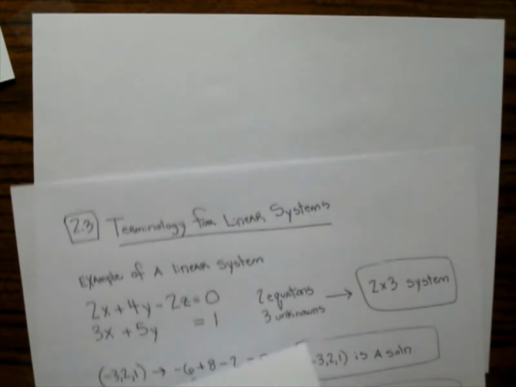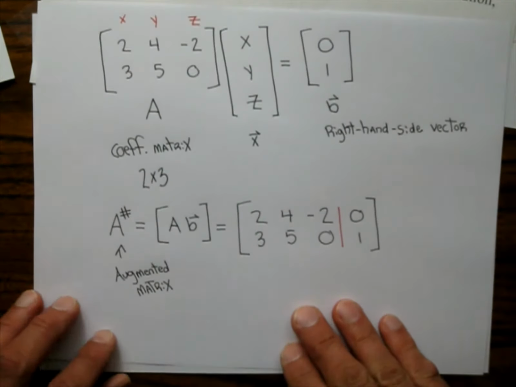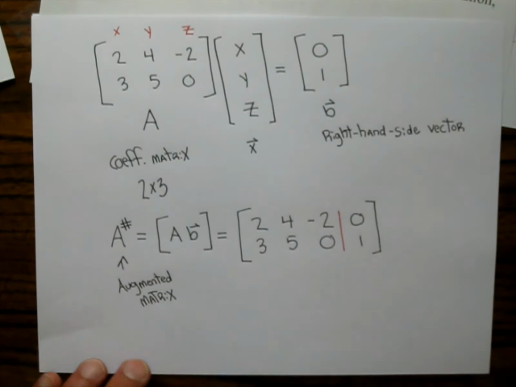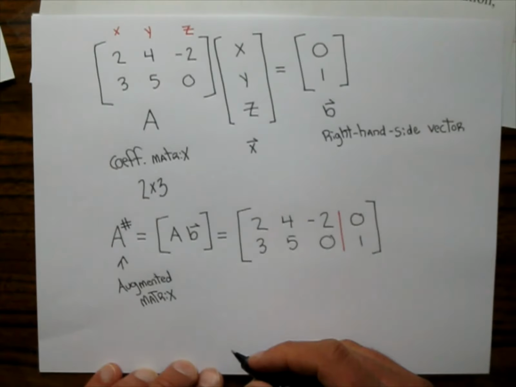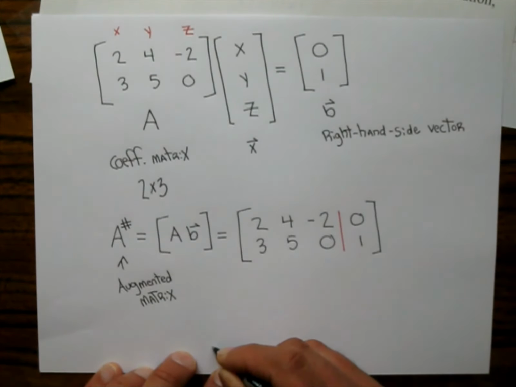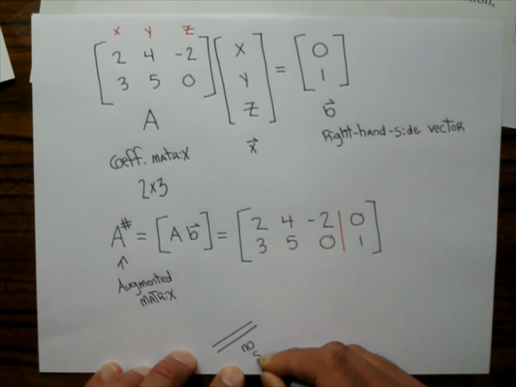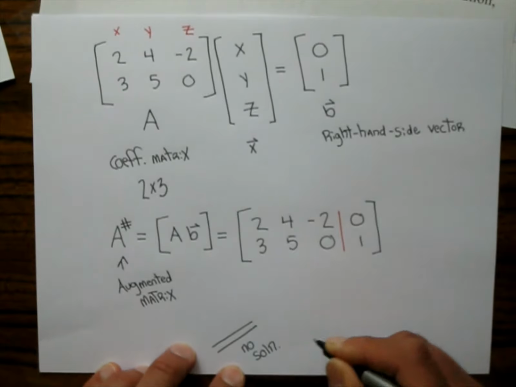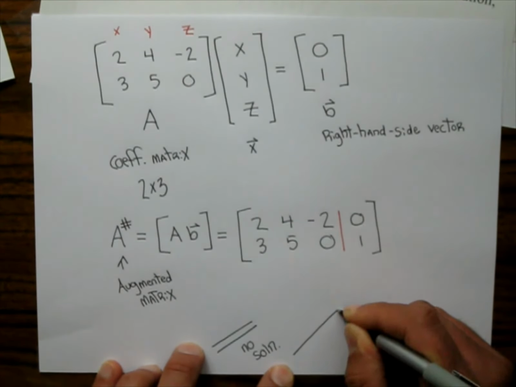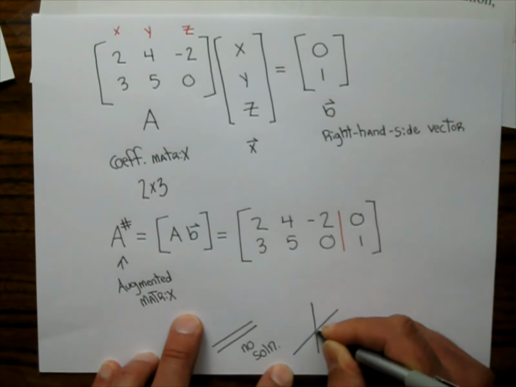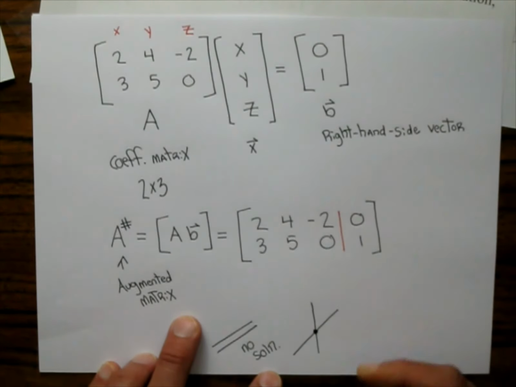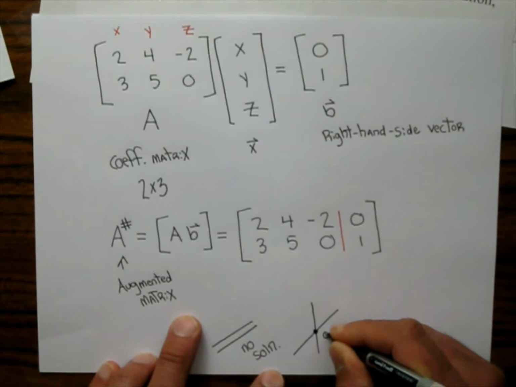Now you may have remembered this theorem when it came to lines. Remember when you did systems of equations with just x's and y's? You had 2 lines that were parallel. That meant no solution. And then lots of times you would have a line here and a line here, and they would intersect at a point when you solve the system, and that is 1 solution.